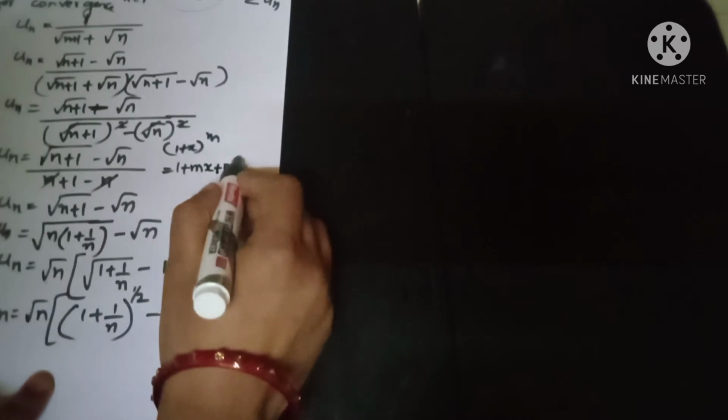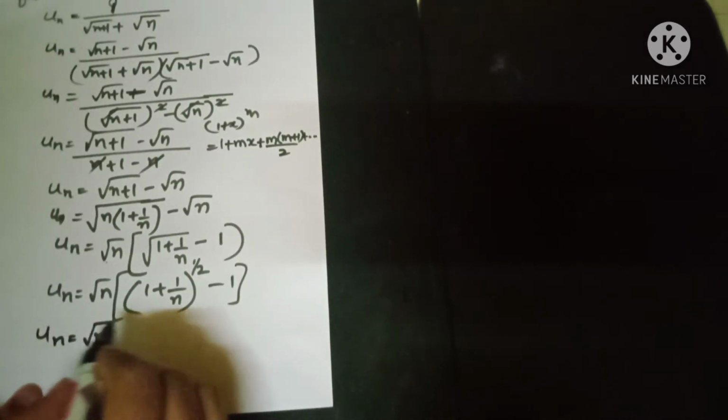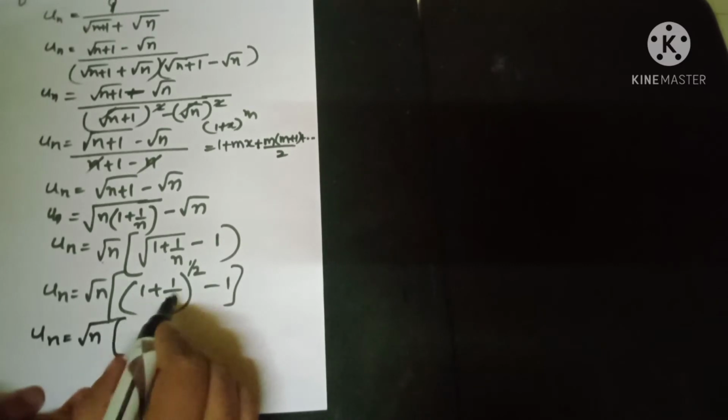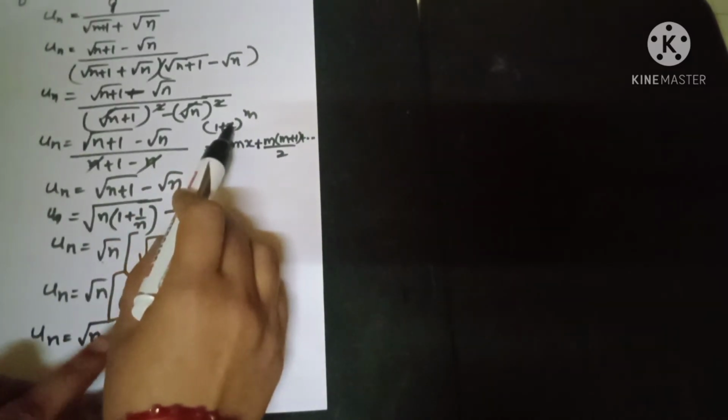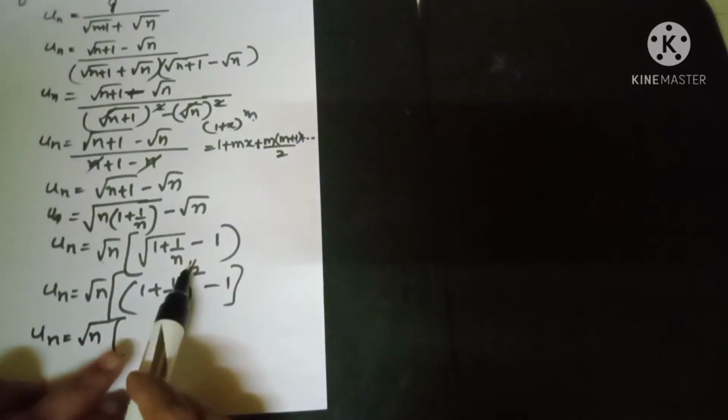So there is a binomial expansion, that is 1 plus x whole to the power of m is equal to 1 plus mx plus m into m minus 1 by 2 etc. So this will be un is equal to root n, the binomial expansion where x is 1 by n, m value is 1 by 2.